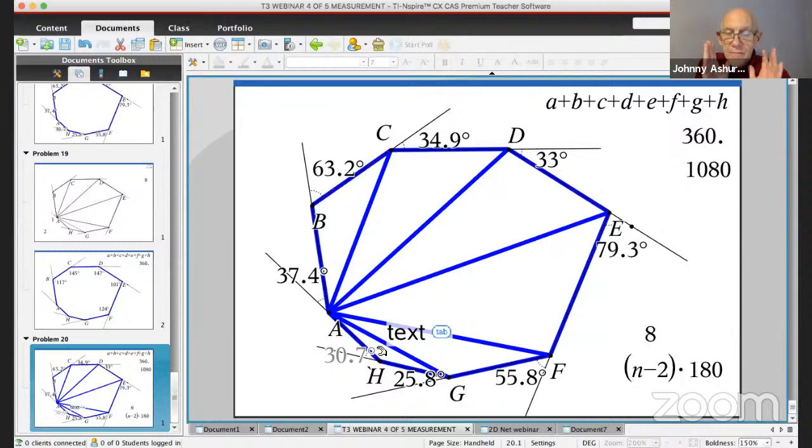Well, 6 times 180, that's 1,080. And now there's a formula that teachers give, and they maybe not always explain it because of time, and it's n minus 2 times 180. Well, if this has 8 sides, and if I insert n as the value 8, I also get 1,080.